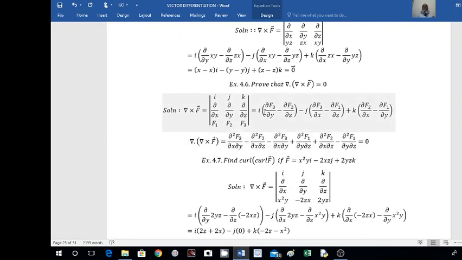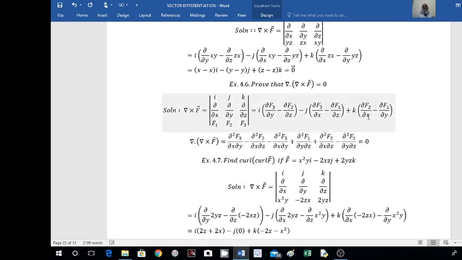This is equal to, if I differentiate this with respect to x partially, this becomes dou square f3 by dou x dou y minus dou square f2 by dou x dou z. Next, minus this term, I have to differentiate with respect to y: minus dou square f3 by dou x dou y, and minus into minus, plus dou square f1 by dou y dou z.